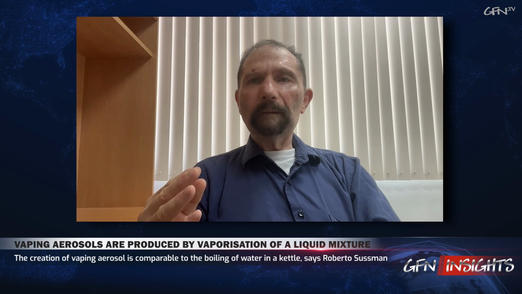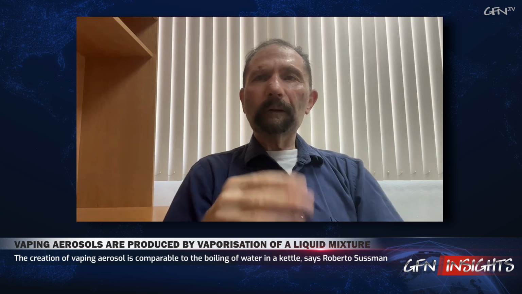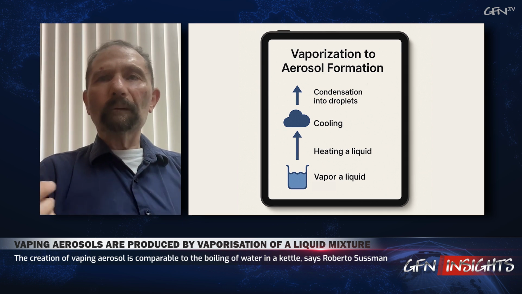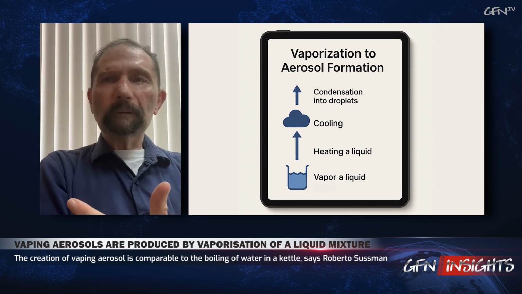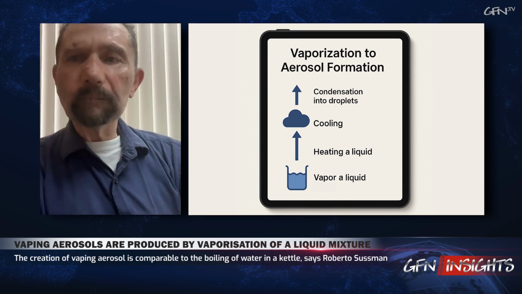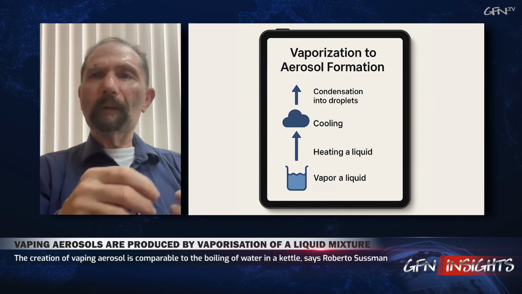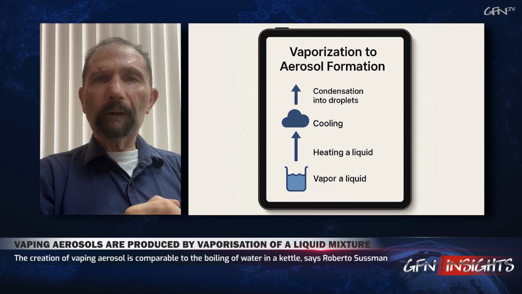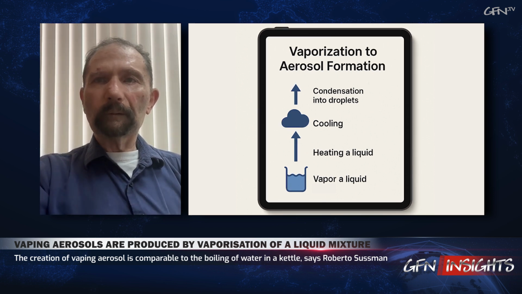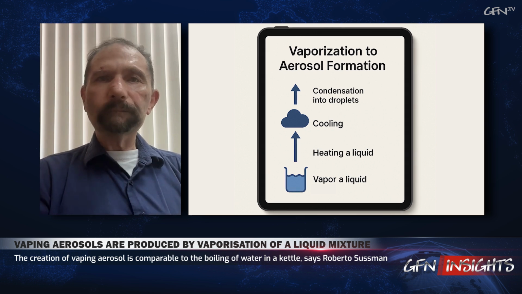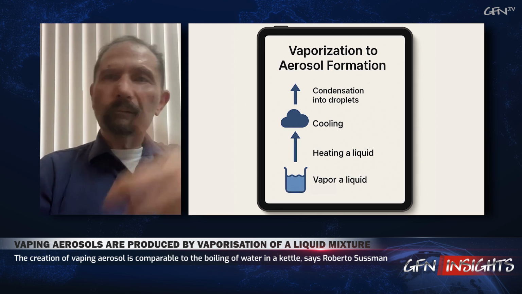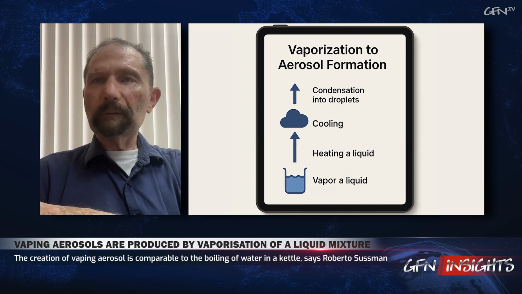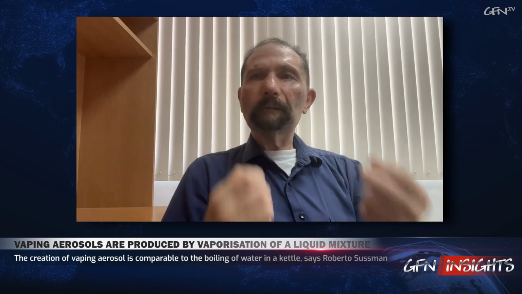And as this vapor moves around, it will cool. And when it cools, you have the opposite process of evaporation. Evaporation is to generate gas from liquid, and condensation is to generate liquid from gas. So what happens when you have a vapor and you cool it? In this case, because you generate an airflow, it cools.